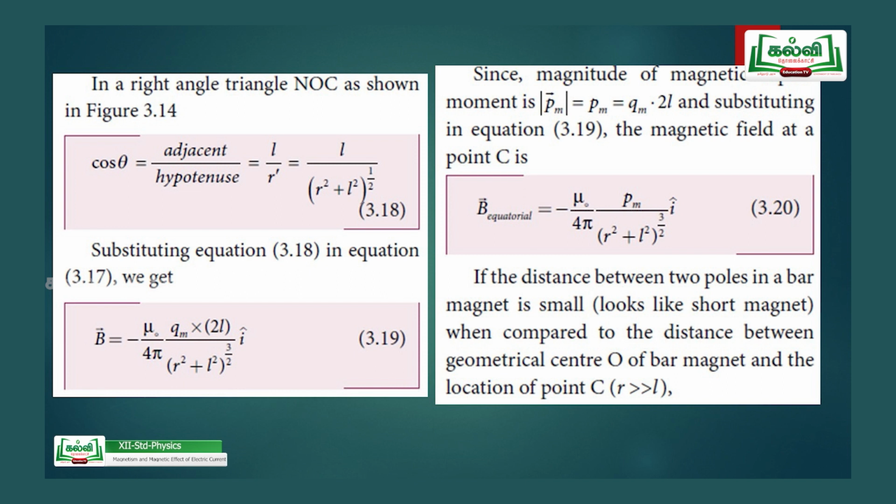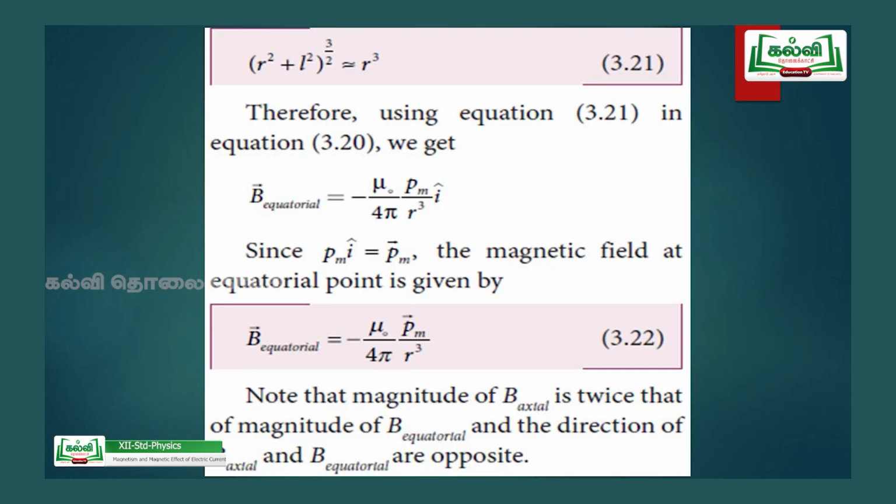Then R power 4 is used, and the final formula is obtained. Finally we have to mention in which direction the magnetic field is acting, and that will also carry a mark. And the magnetic dipole moment, you have to write it, since we are substituting at the last stage, so that will also carry marks.